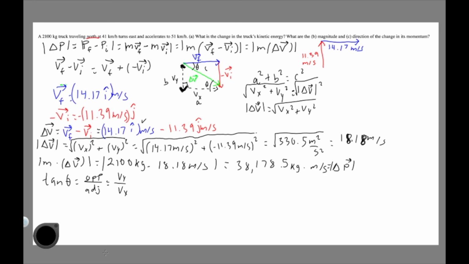So we know that Vy is going to be pointing downwards and it's going to be the same exact magnitude as negative Vi. So negative Vi is going to be equal to negative 11.39.